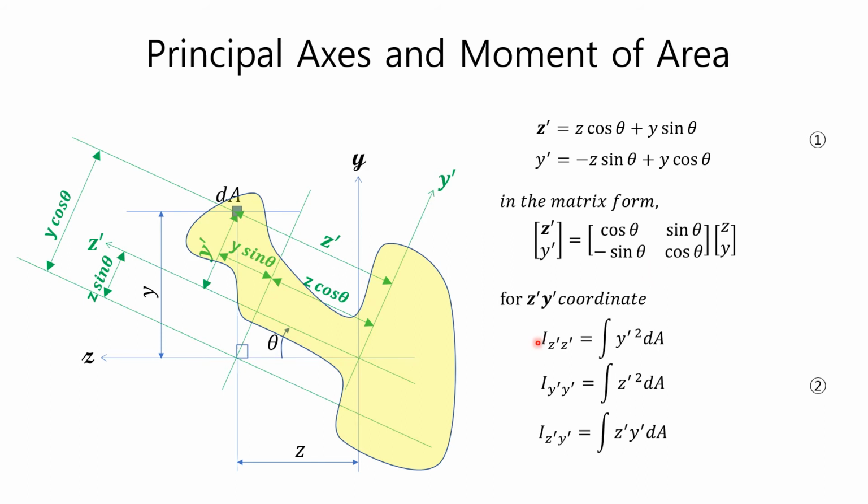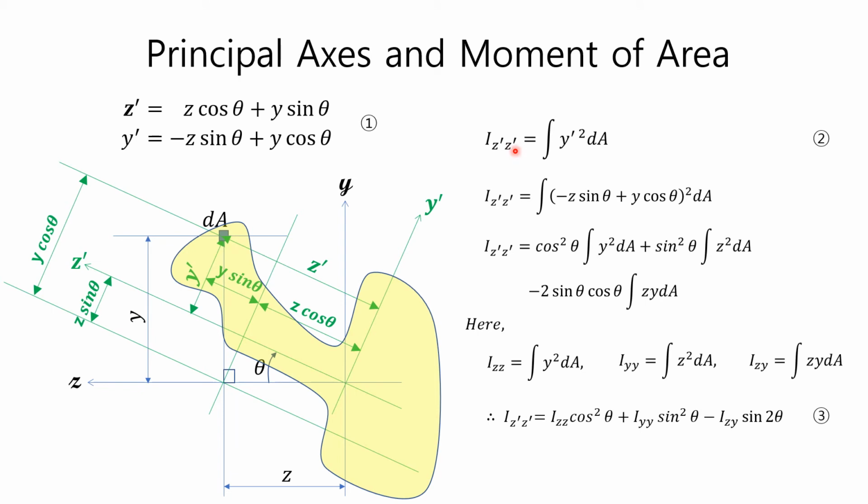By definition, the second and the product moments of area are defined as equation 2. Therefore, substituting equation 1 into equation 2 for the corresponding terms, we can get the expression for the second and the product moments of area with respect to the zy prime axis in terms of variables of the original yz axis.